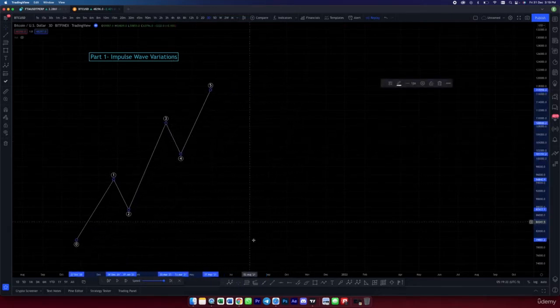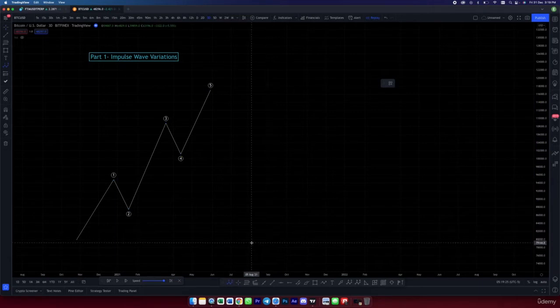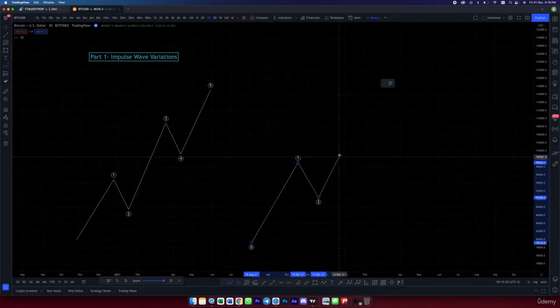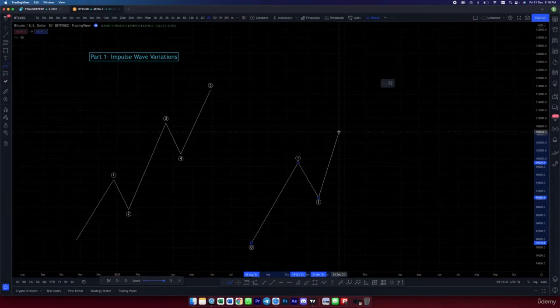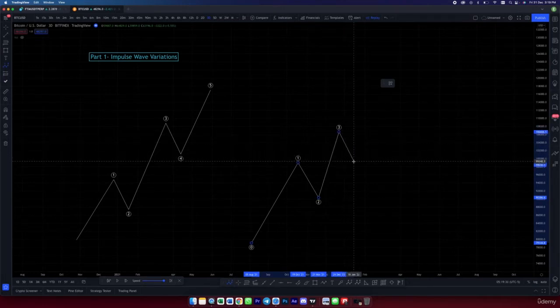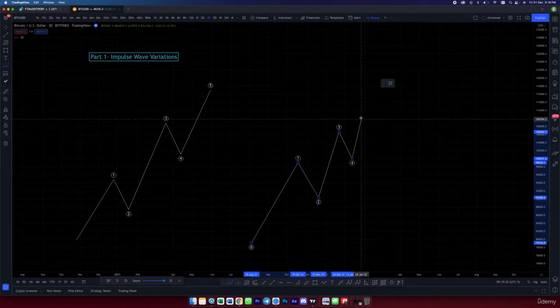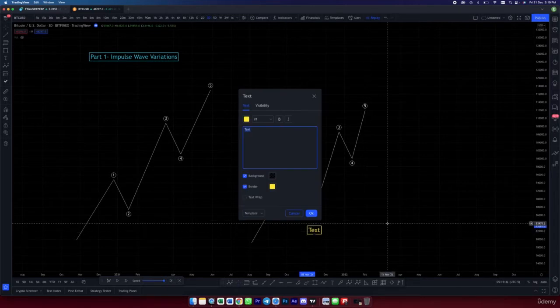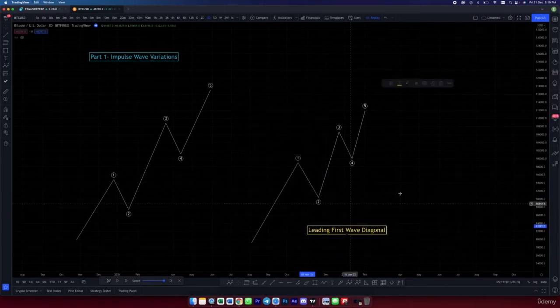But in leading first wave diagonal, the first wave will be very aggressive. As a result, the third wave becomes the second longest and the fifth wave becomes the shortest of all. We call this type leading first wave diagonal. So keep this in mind.